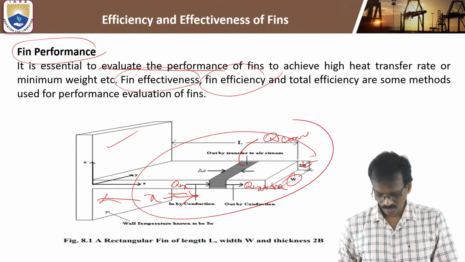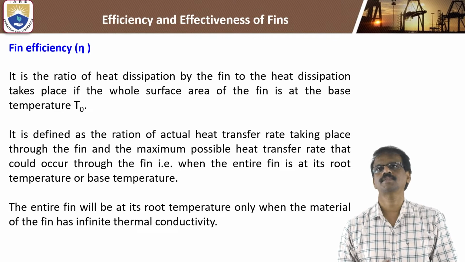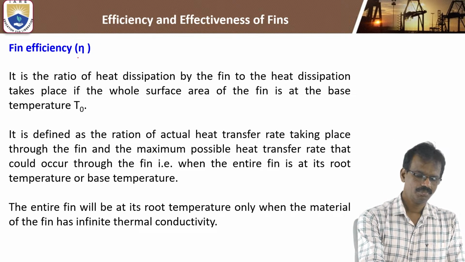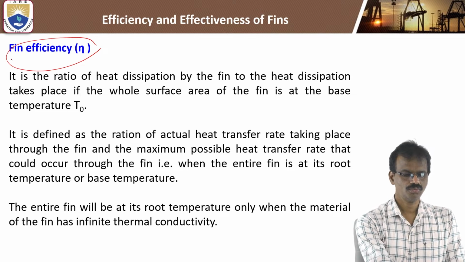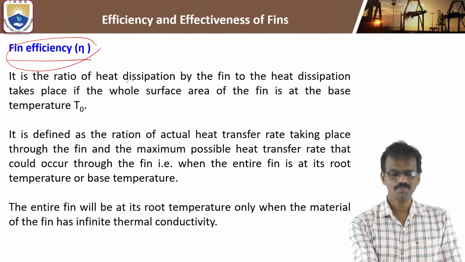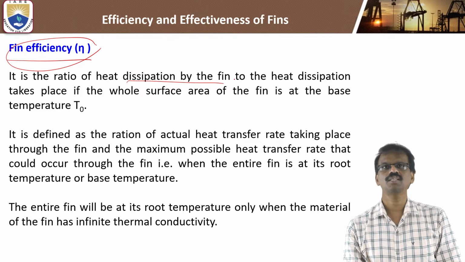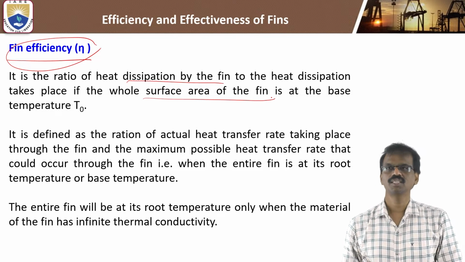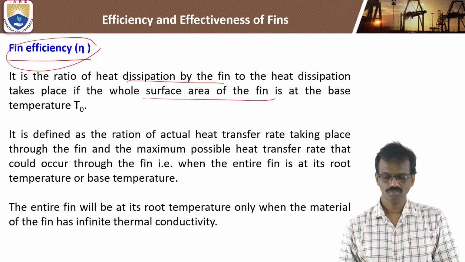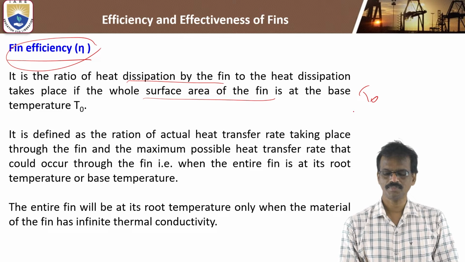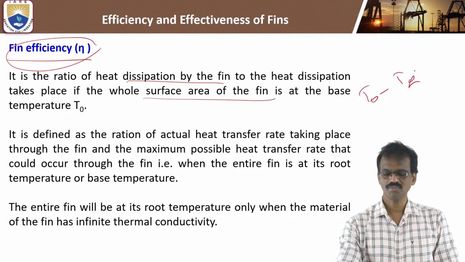Now we'll see first of all the efficiency of the fin. You know that it is the ratio of heat dissipation by the fin to the heat dissipation that takes place if the whole surface area of the fin is at the base temperature. It means the whole surface of the fin is at T naught, so the temperature difference is T naught minus T infinity.